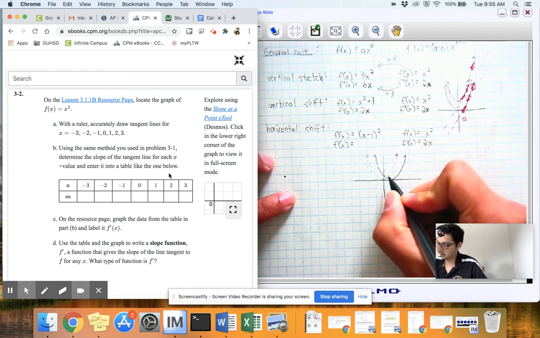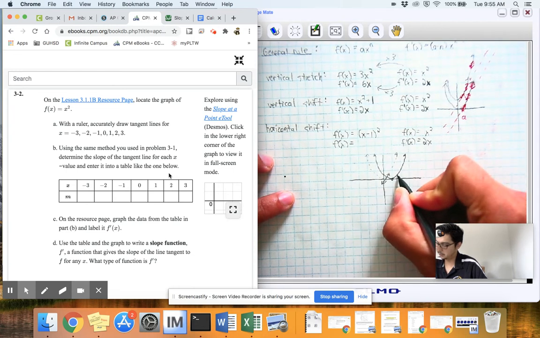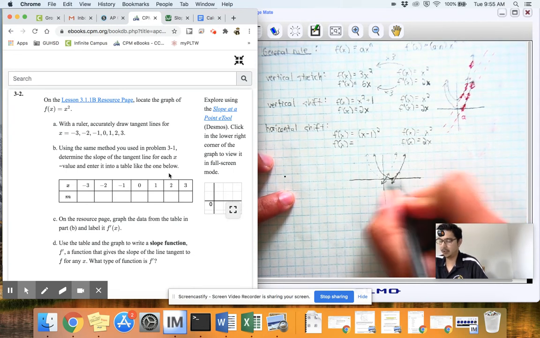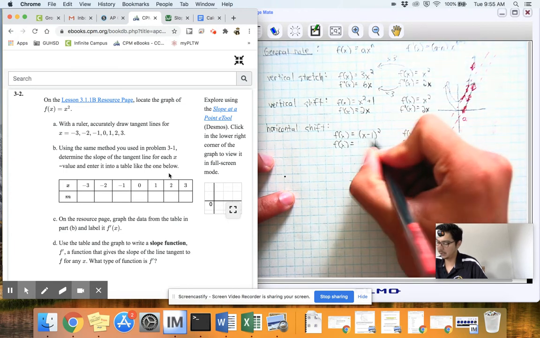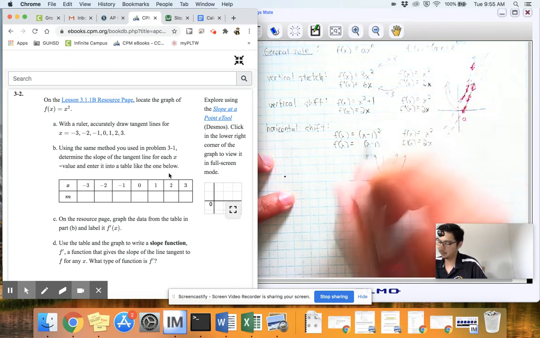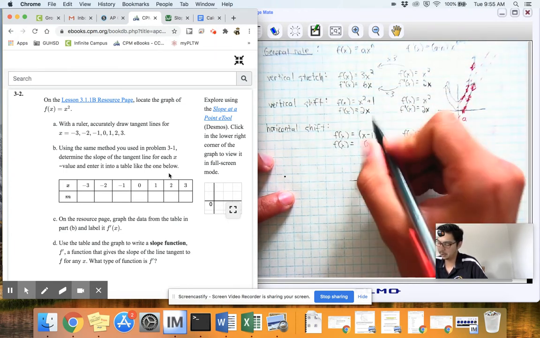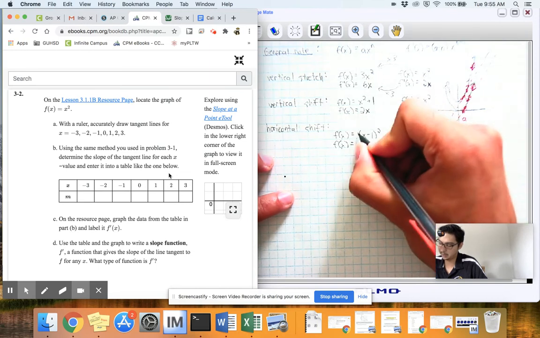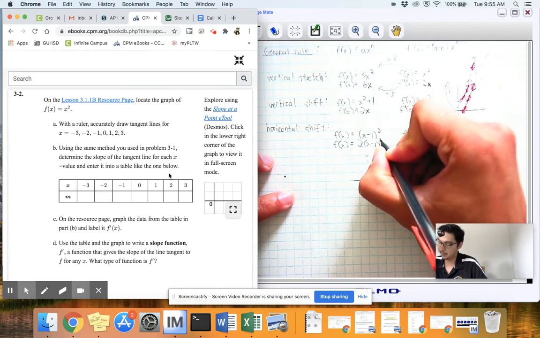The slopes are still the same at all the points, but it's just shifted over to the right. The same protocol still follows, where we bring that power down, multiply it to the coefficient in front, and drop the power by 1.